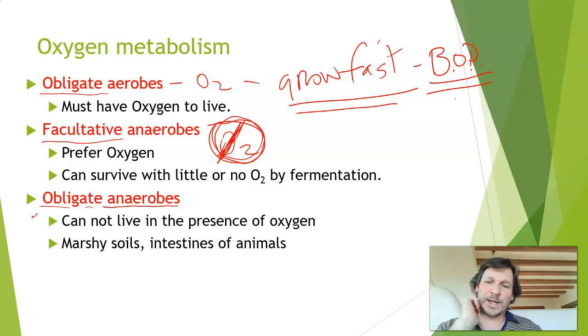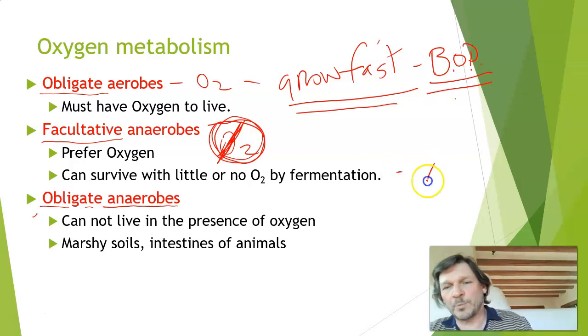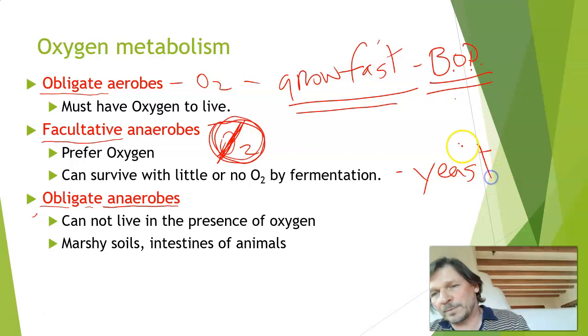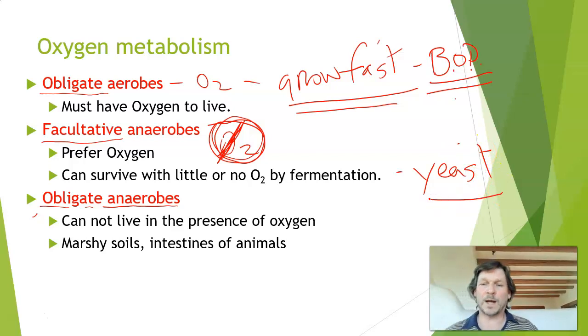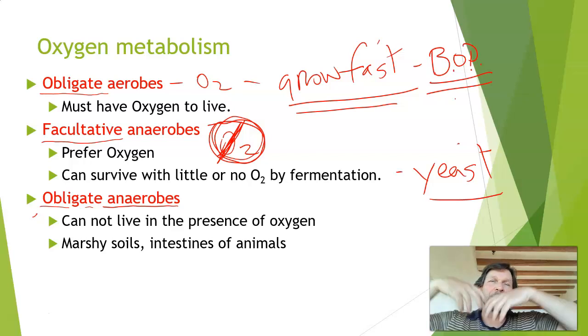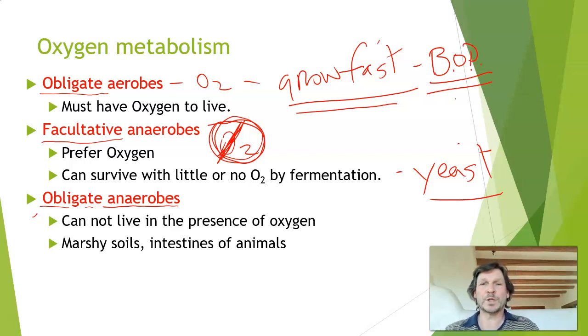Only other term I want to add is facultative. And what facultative means is they can tolerate that condition. And so, for example, yeasts are a good example of that. I like to make wine and beer at home. And so I'll make my grape juice and I'll add the yeast to it, right? And then afterwards, I have a little bubbler with water so that the pressure, the carbon dioxide can get out, but oxygen can't get in.